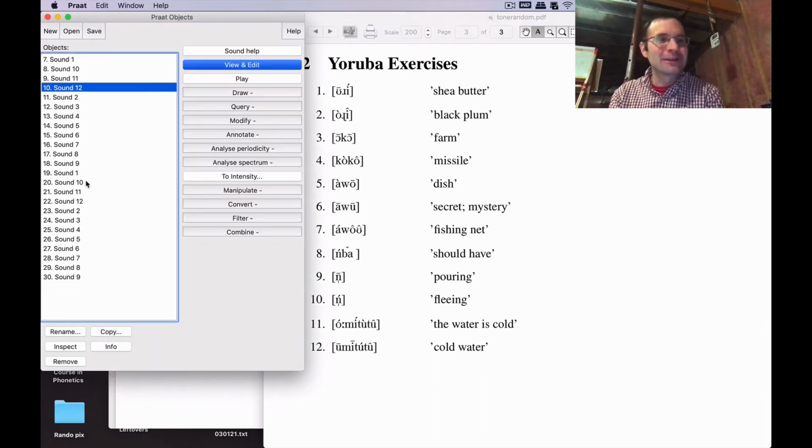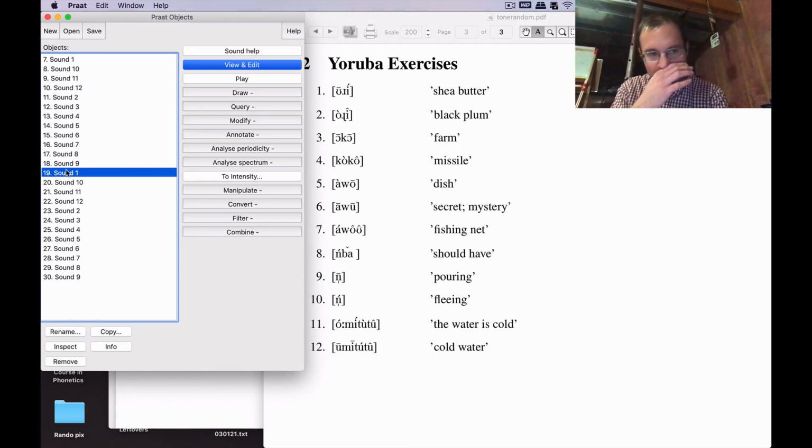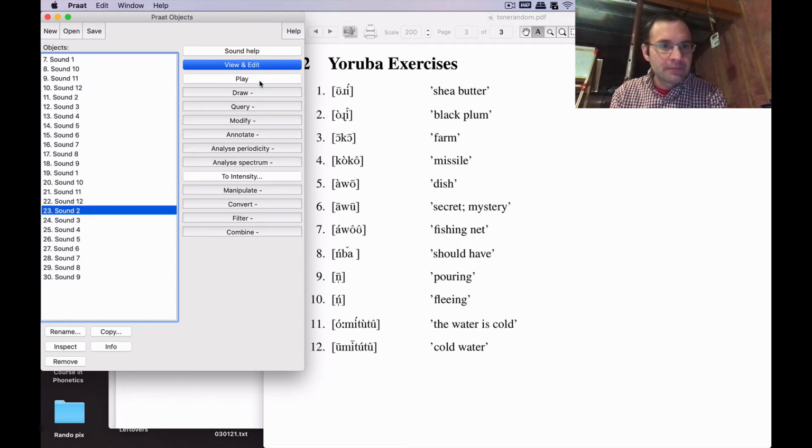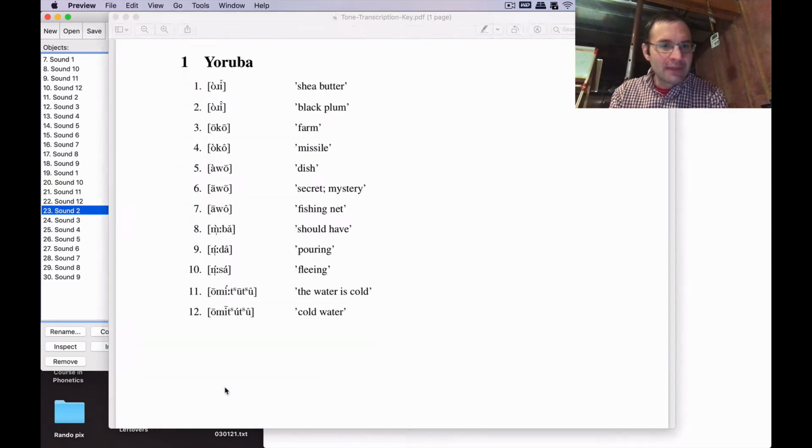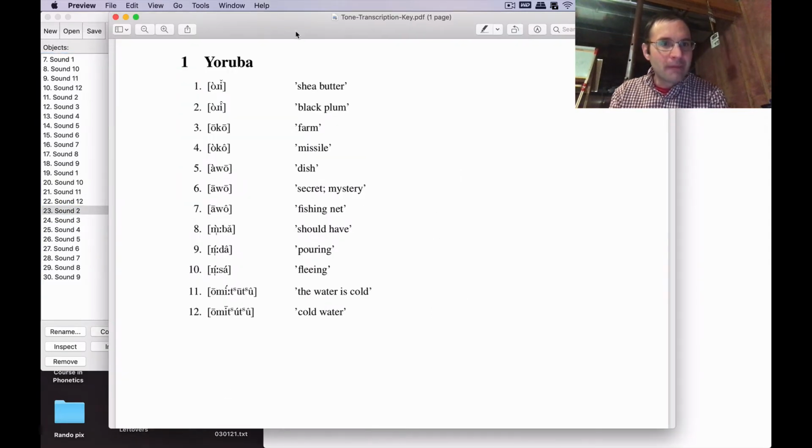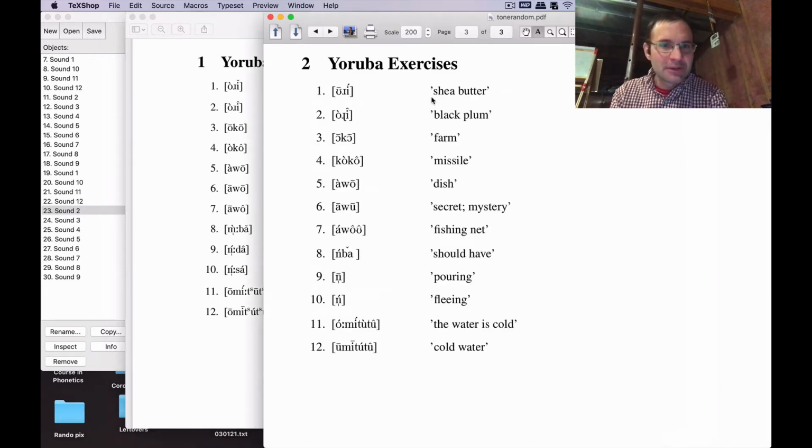So let's take a listen to number 1 and number 2, which form a pair. Ori, that's 1. Ori, and that's number 2. I can see why this person transcribed this first token as they did. I'm not going to worry about the segmental transcriptions here. What people have done is basically on target, but we can just focus on the tones.